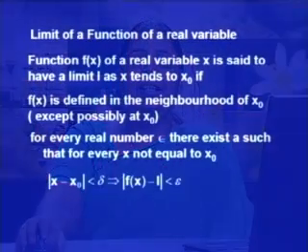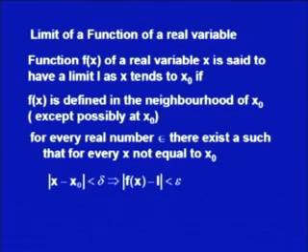Let f(x) be a function of a real variable x, then we say that L is the limit of this function f(x) as x tends to x naught if f(x) is defined in the neighborhood of x naught except possibly at x naught, and then for every real number epsilon there exists a delta such that for every x not equal to x naught we have |x minus x naught| less than delta implies |f(x) minus L| is less than epsilon.